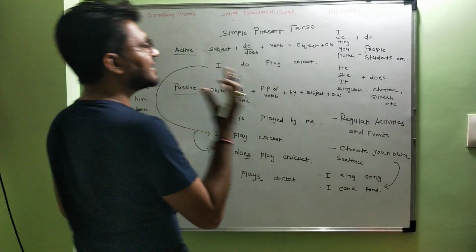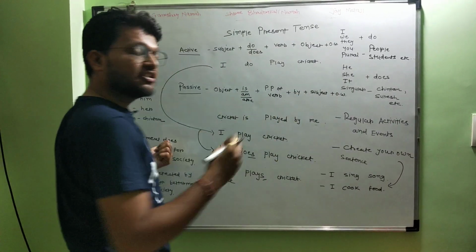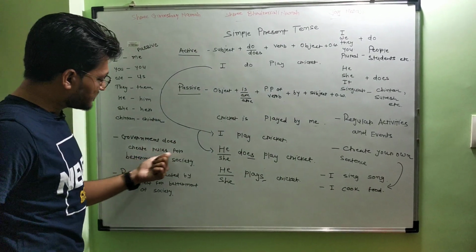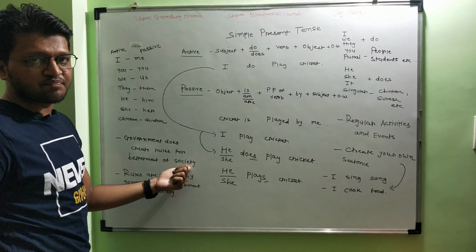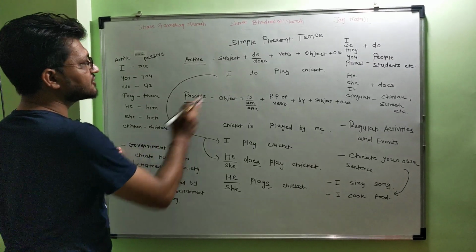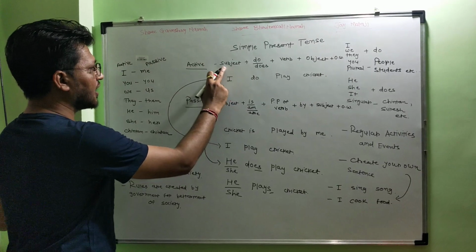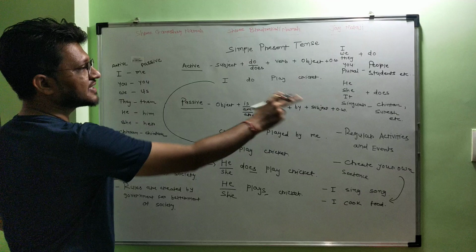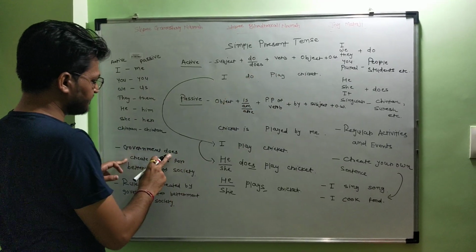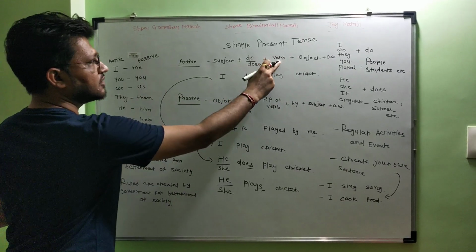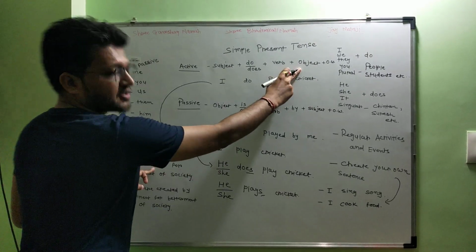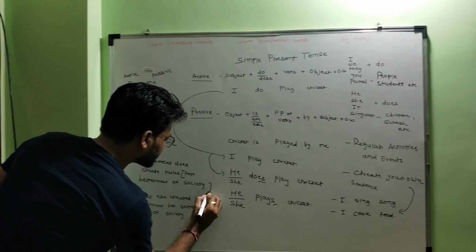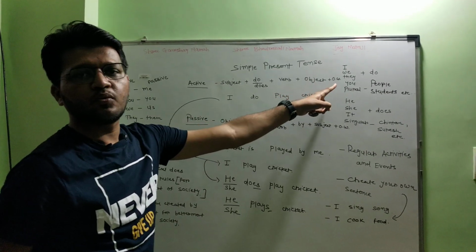Because government itself is a singular body. That's why does create rules for the betterment of society. Now let's compare this sentence with this structure, right? Government is my subject. Do or does? Because government is singular, I have put does. Create is a verb. Rules is the object. And the rest, for the betterment of society, is other words.